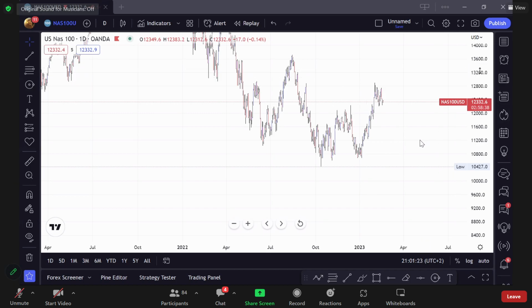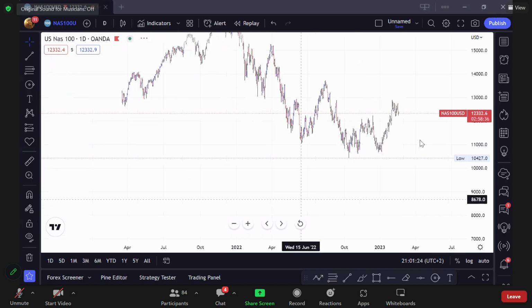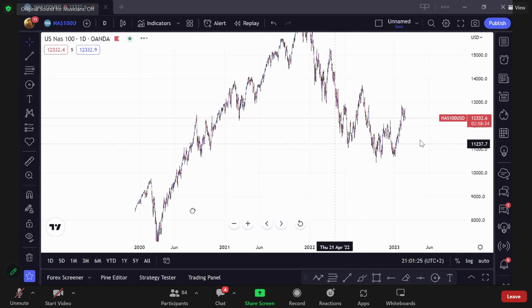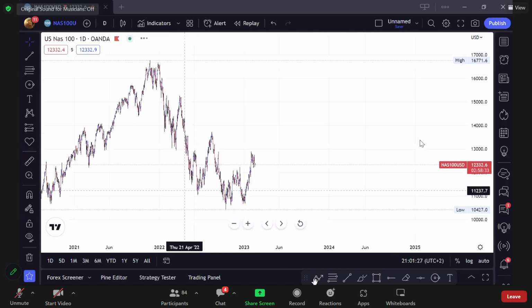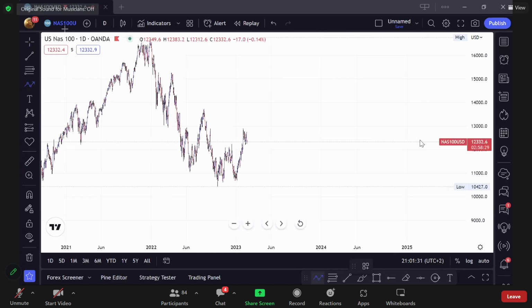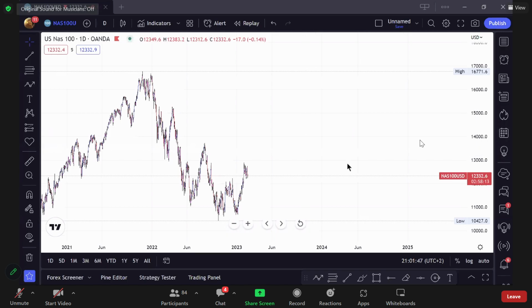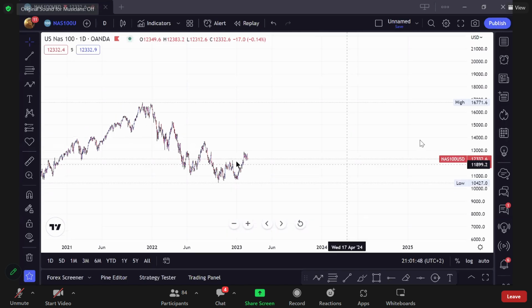Right. If that's the case, let's look at the structure. If we were looking at structure, why did I identify that as a major break, a major change of character? Because obviously here we're looking at major changes of character, right?